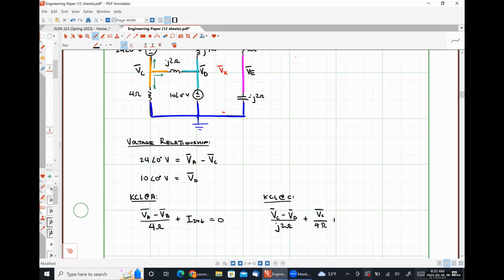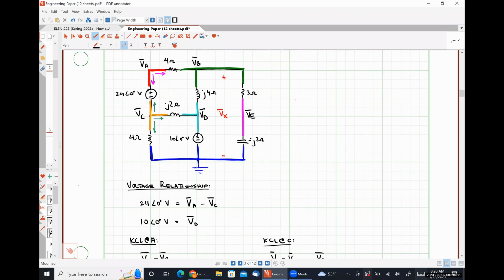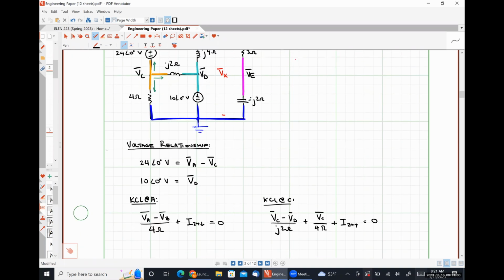And then my current flowing up, I'm going to have to call I-24 up. And this is equal to 0 because I don't have any relationship that I can express, right? So this expression right here, this KCL at C equation, is the current flowing to the right out of node C, plus the current flowing down out of node C, plus the current flowing up out of node C.